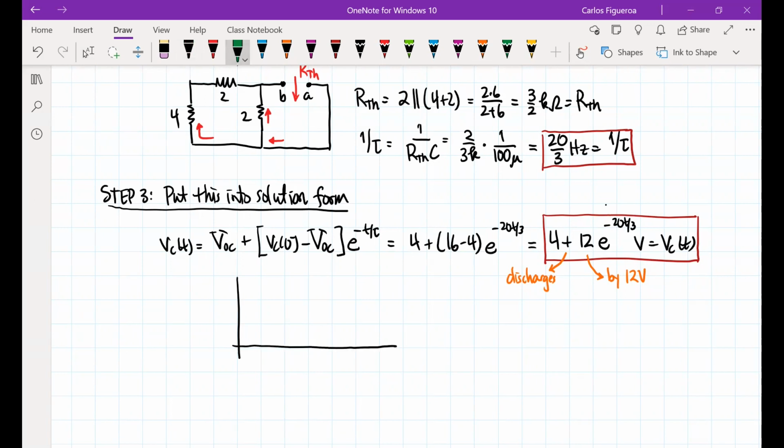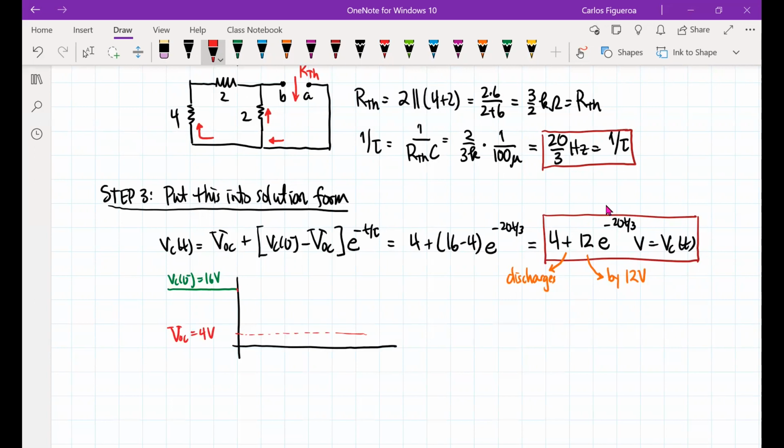And what I'm seeing here is that this guy comes in at VC of 0 minus equal to 16 volts. And this guy is going to completely discharge to VOC equal to 4 volts right there.